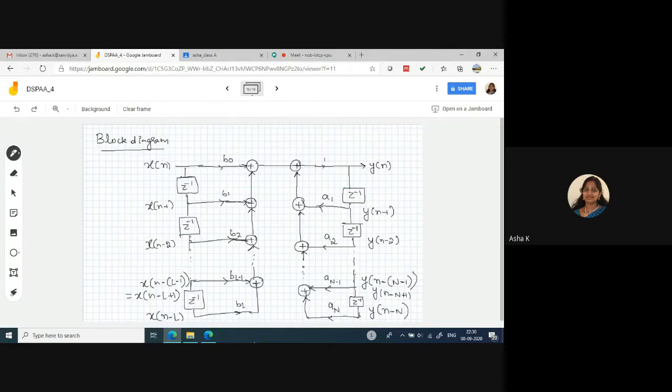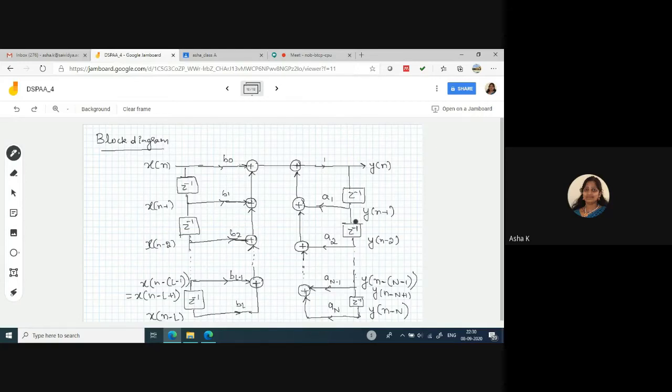So we can design filters such as low pass, high pass, band pass, and band stop. Designing the filter involves determining the coefficients to obtain the desired frequency response.